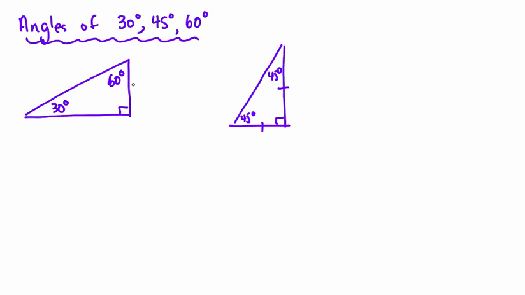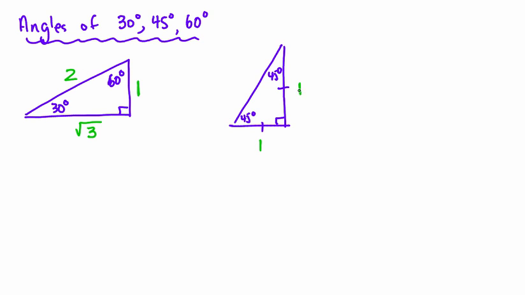And they have a particular ratio of their sides. So across from the 30 will be the smallest side, it's unit 1. Across from the 60 is the second longest side, its unit is the square root of 3. And across from the 90, the hypotenuse of this one is 2.